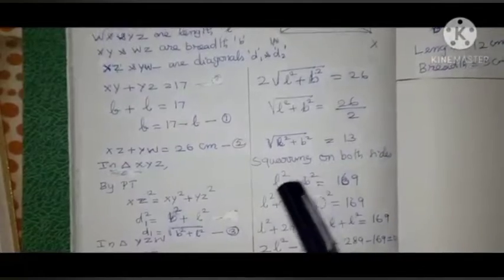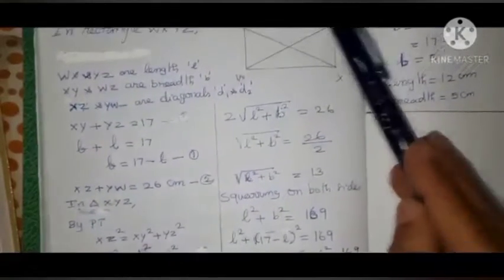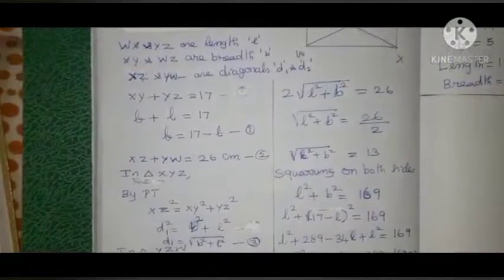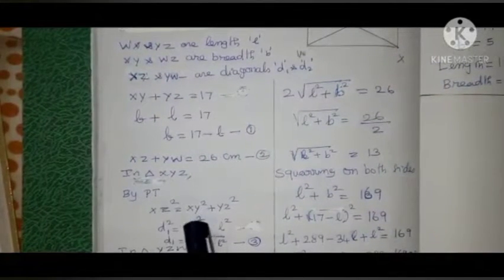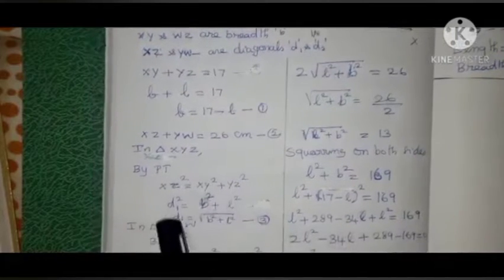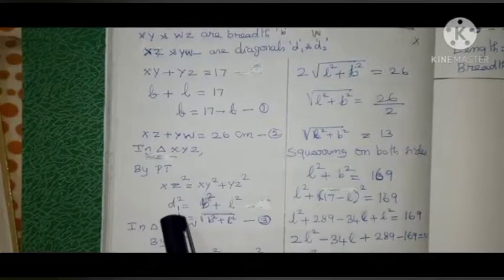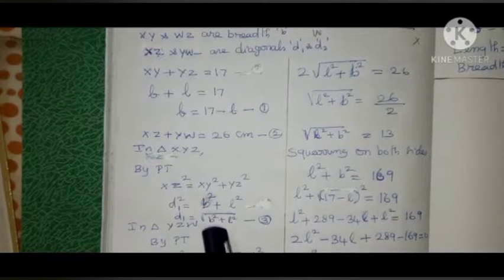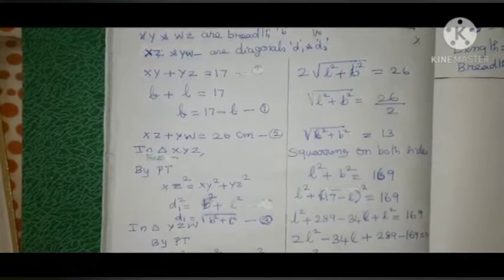In triangle XYZ, by Pythagoras theorem, XZ square is equal to XY square plus YZ square. XZ is T1, T1 square is equal to B square plus L square. T1 is equal to root of B square plus L square, taken as 3.